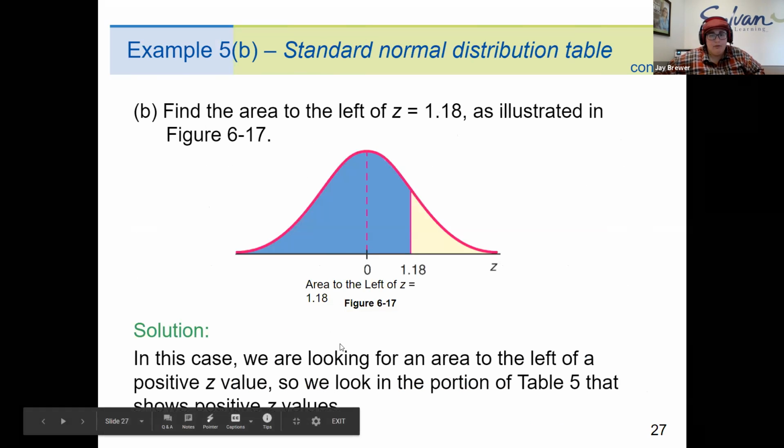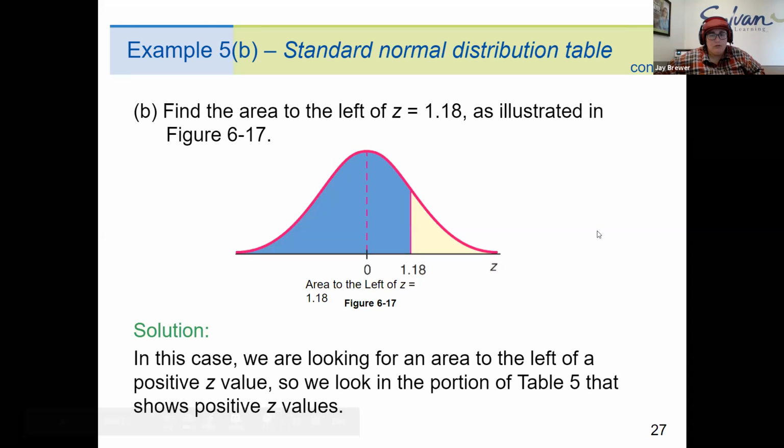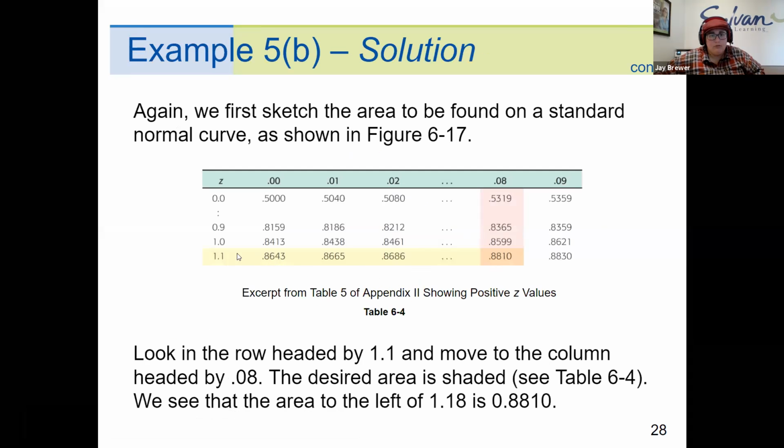All right. If z is equal to 1.18, we look at the table. 1.1 and 0.08 gives us 1.18. So 0.8810, which is a probability of 88.10 percent. Any questions on how to use that table?